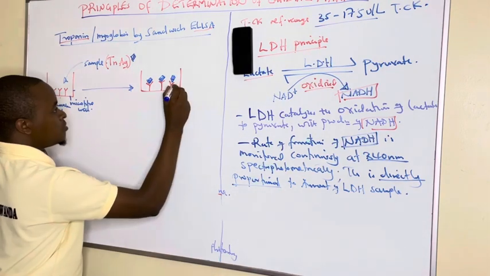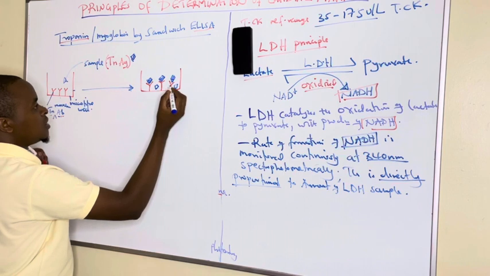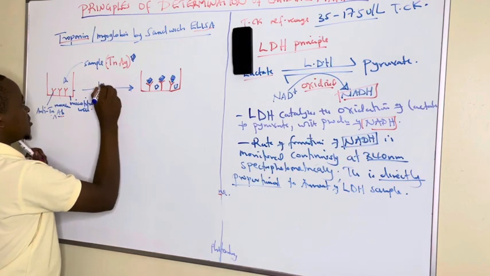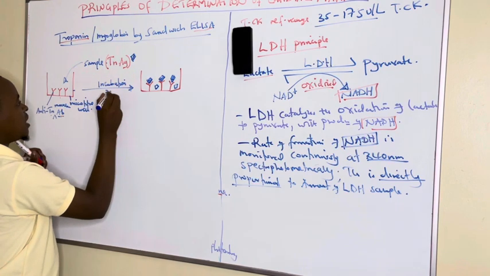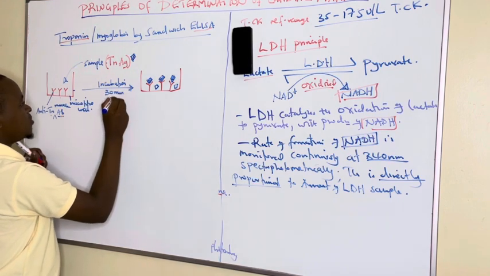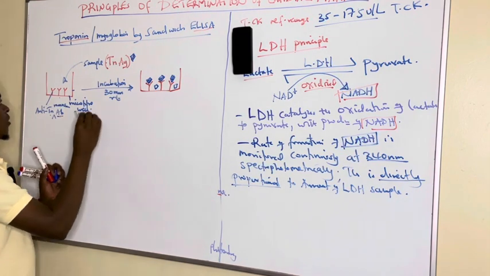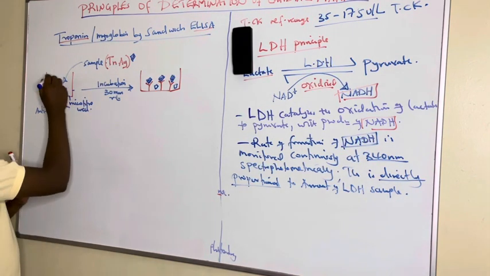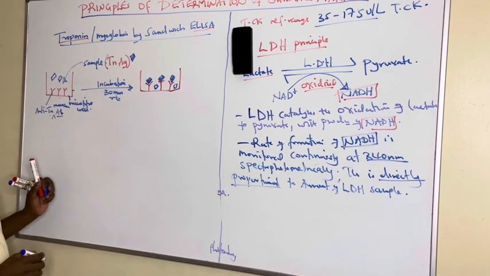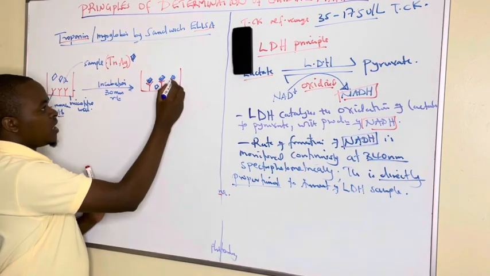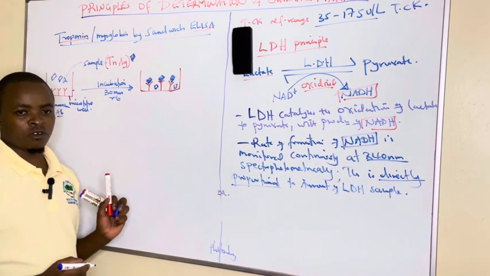And some of them, if they are in excess, will not get where to bind. So after the incubation, as per the manufacturer, sometimes we incubate for 30 minutes at room temperature. We are incubating to allow these antigens to bind to the antibody to form an antibody-antigen complex or antigen-antibody complex.